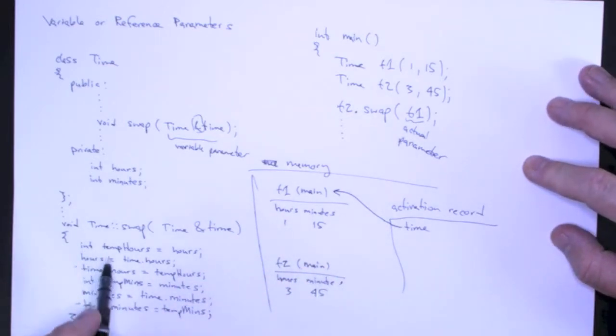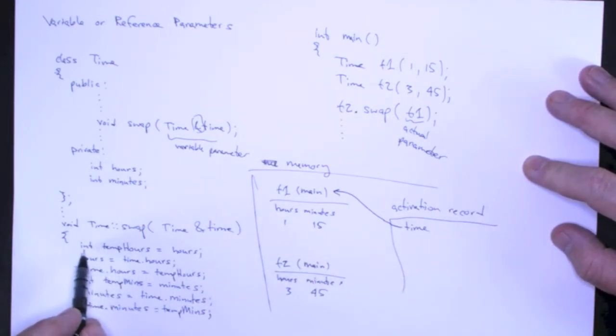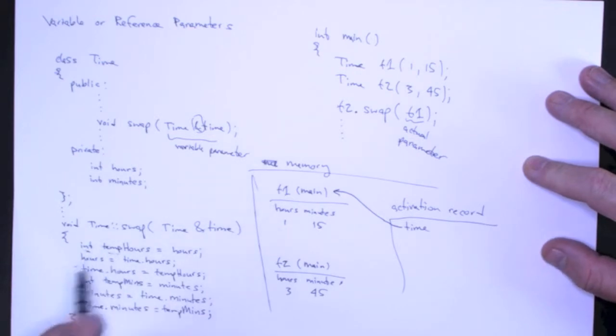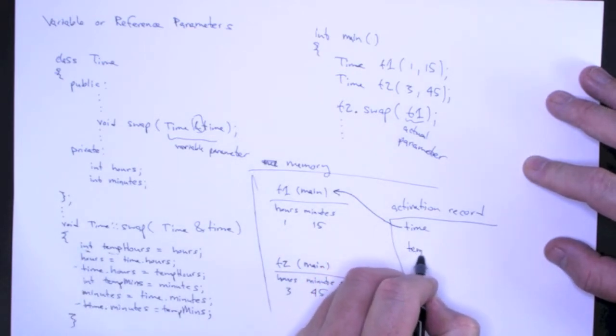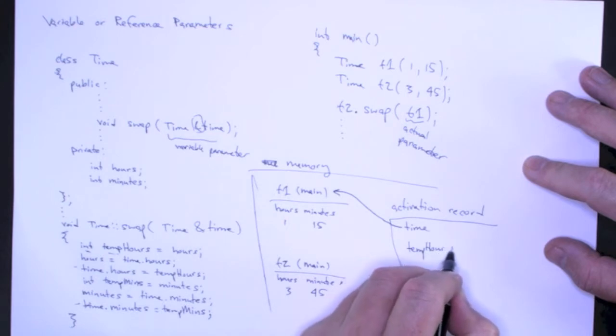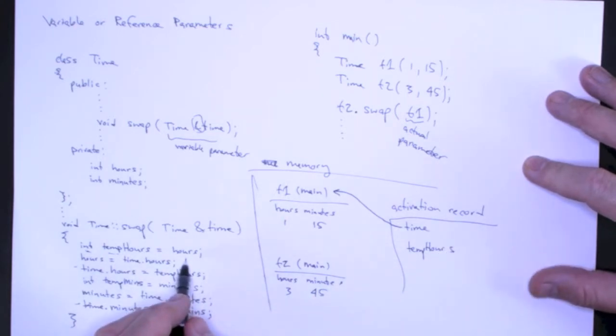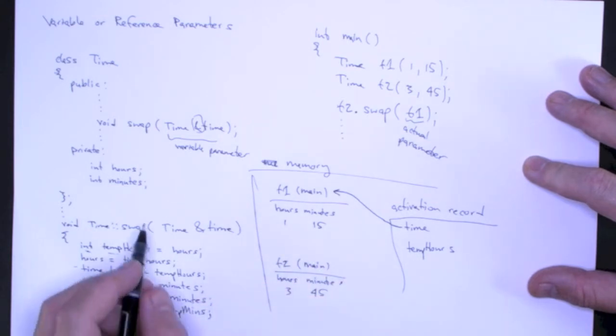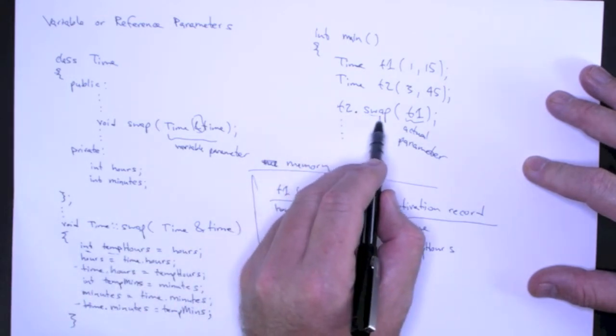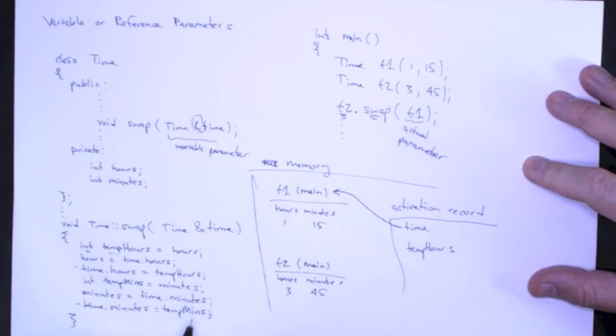So let's execute this. In the activation record, the first thing I'm going to do is create a local variable called temp hours. And in that, I am going to store hours. Well, I'm calling the swap method of the T2 object.